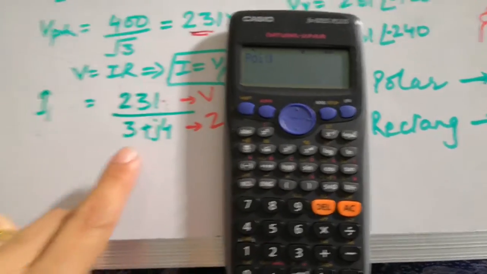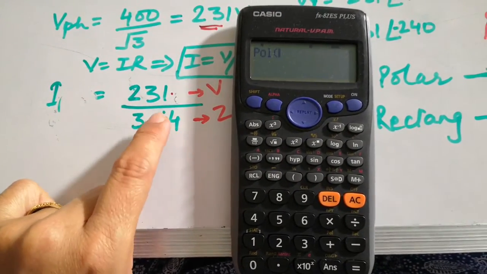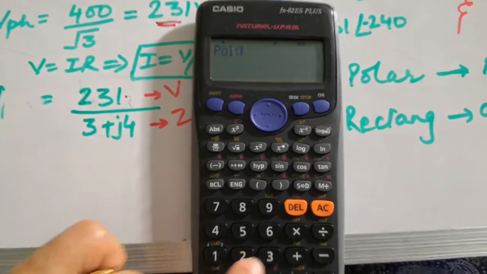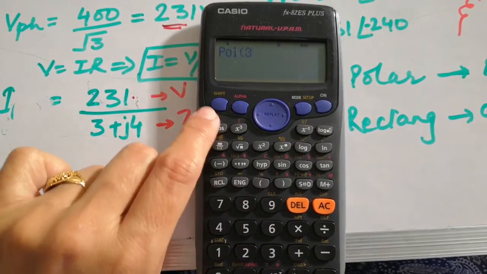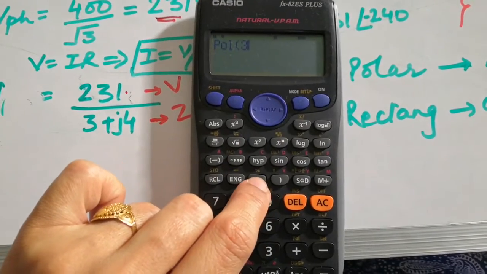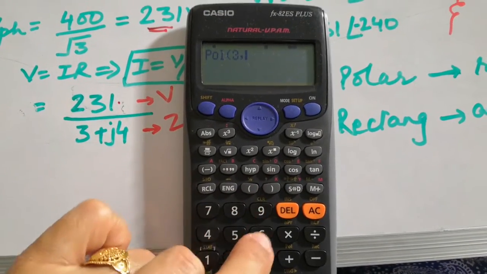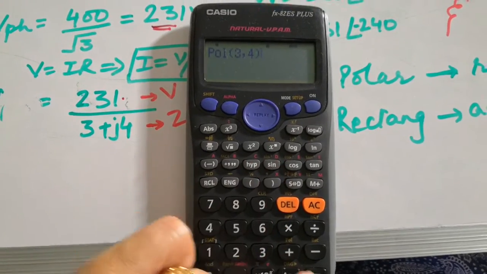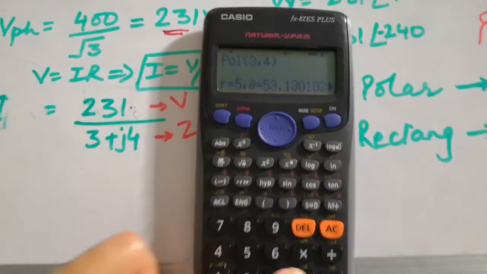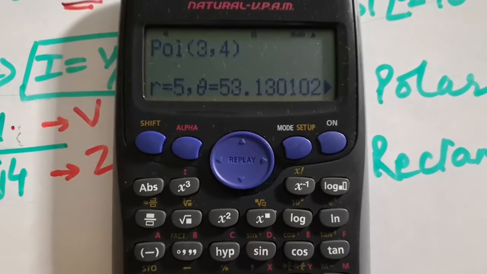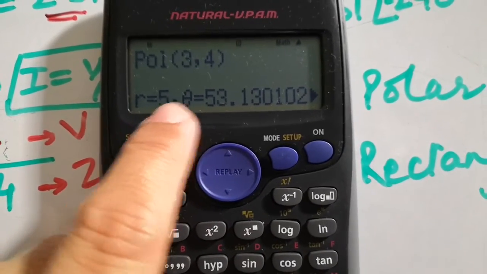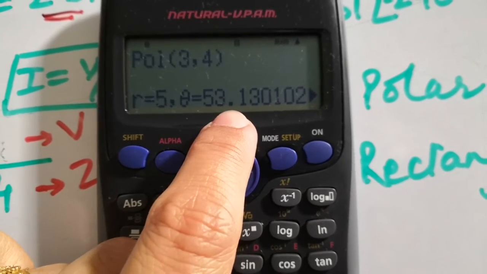Now I want to convert 3 and 4, so I only want the numerical part here. I write 3 comma 4, equals to. This directly gives the polar form. So 3 plus j4 is equal to 5 angle 53.13.